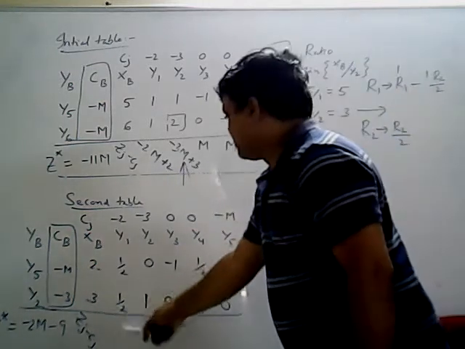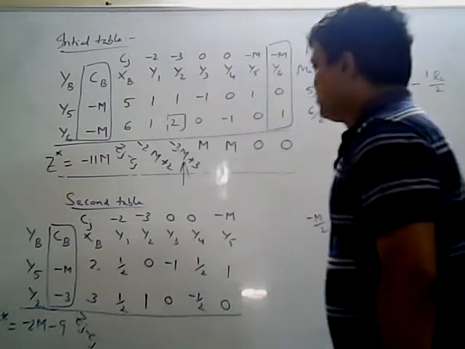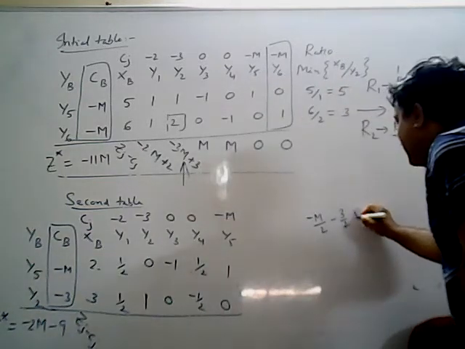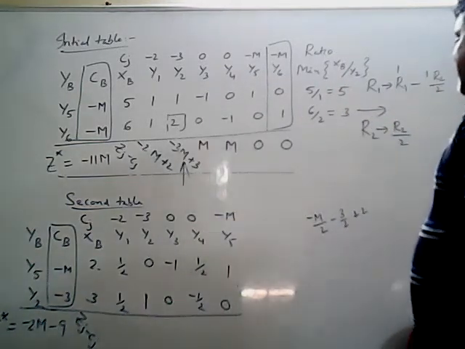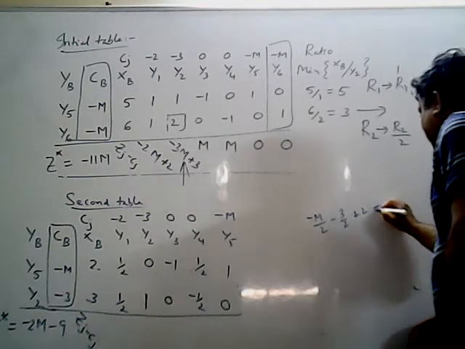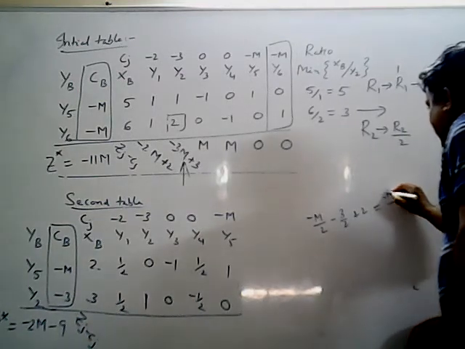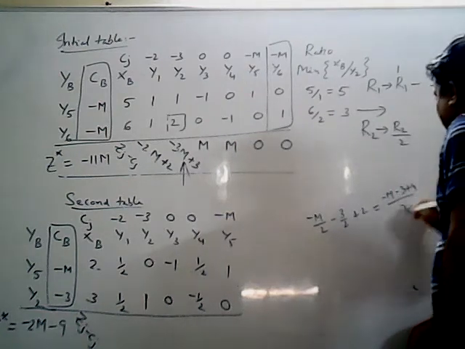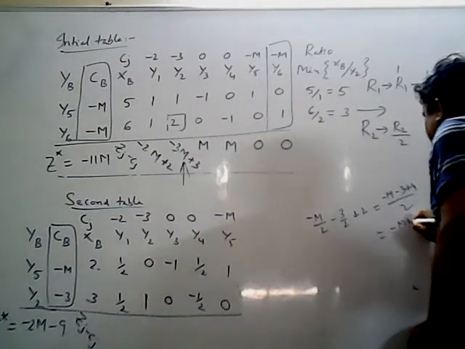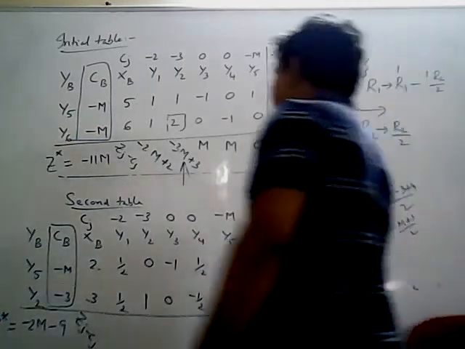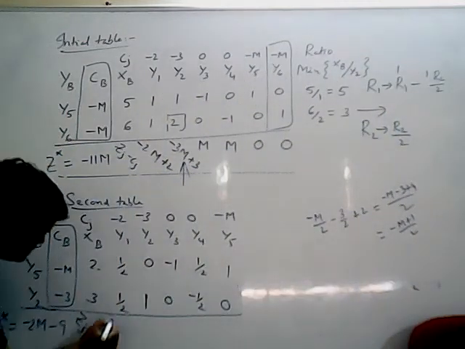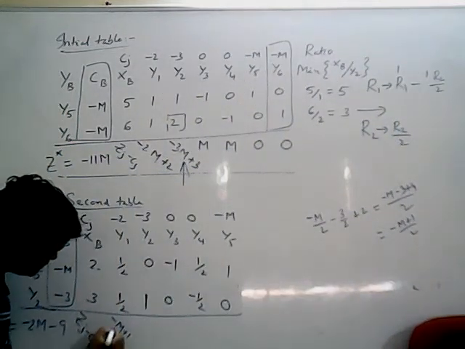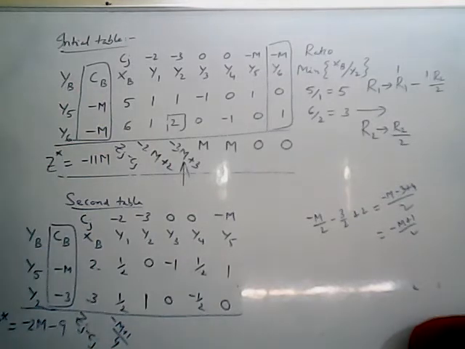You can do the calculation in the margin. Then the upper value you have to subtract. The upper value is minus 2, and minus of minus is plus. LCM is 2, so this is minus m, minus 3 plus 4. That means we get minus m plus 1 by 4. This is the first value.